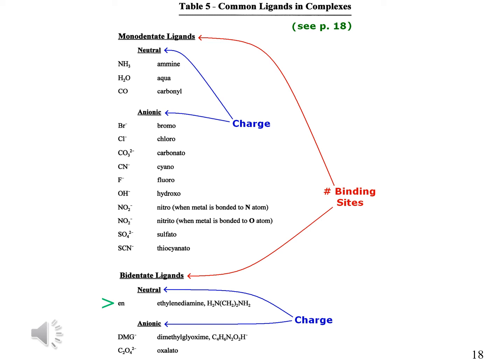So if you know, for example, that a ligand is monodentate, and that's all you know, you cannot tell what the charge is unless you look it up, because monodentates can be either neutral, -1, or -2. And if you know that a ligand is bidentate, it's the same. You can't tell. Also, if you know that a ligand is -1, you can't tell whether it's mono or bidentate, because it still could be either one. So you have to look up and know both of them.